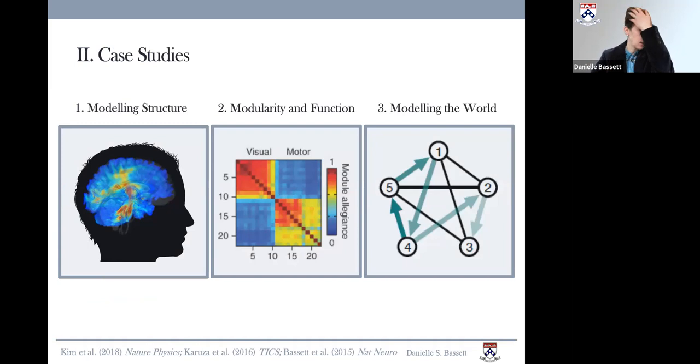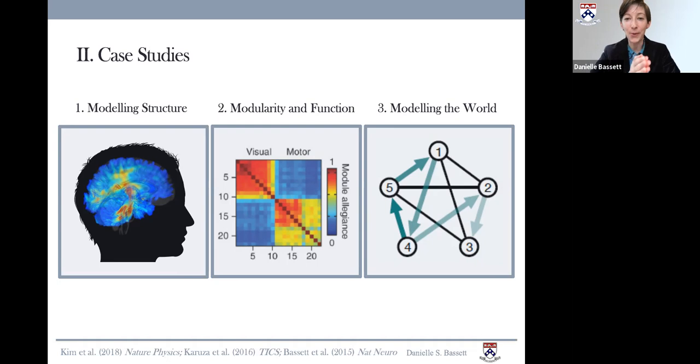And for this part of the talk, we'll be focusing largely on structural connections between brain regions. I want you to look at this picture here on the left-hand side. It reflects data that can be acquired using a magnetic resonance imaging machine. And an MRI machine can take images of the diffusion of water molecules inside of the brain.